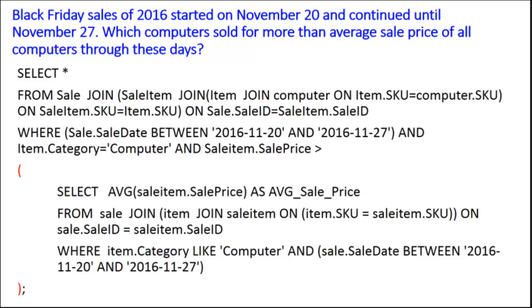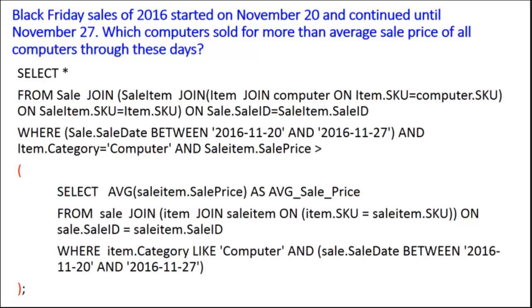So we need the tables sale item for the sale price. We need item for category, must be computer, and then we need sale table for date. We have the criterion sale date between those 2 days and category computer and sale item sale price must be greater than that average. That average number is returned through a nested query.